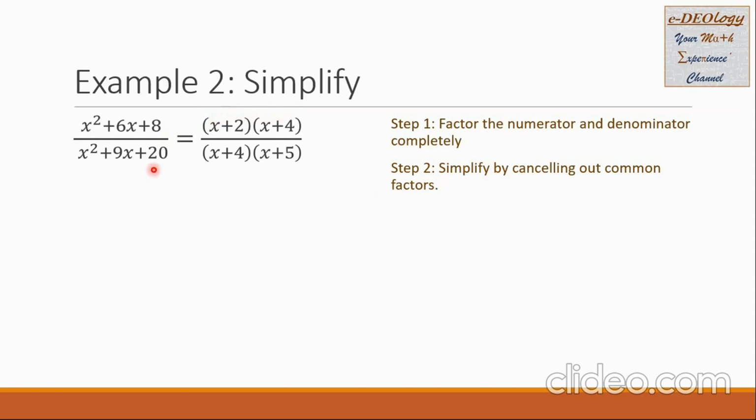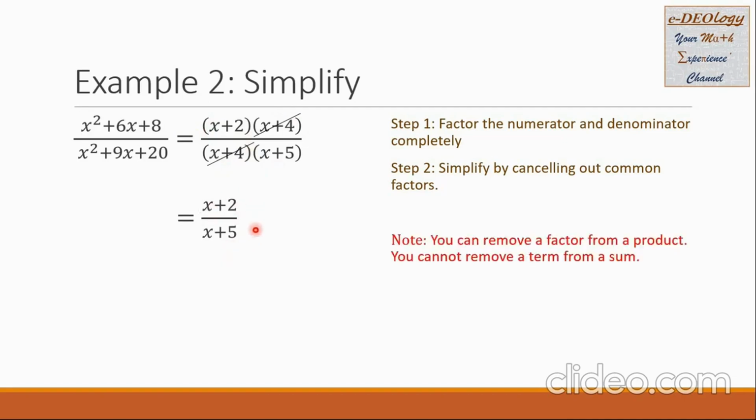The denominator is factored out into x plus 4 times x plus 5. And then in step 2, we will cancel the common factors. There is x plus 4 and also x plus 4 in the numerator and in the denominator respectively, so we can cancel it out. What remains in the numerator is the x plus 2, while in the denominator is this x plus 5. So we can remove the grouping symbol.